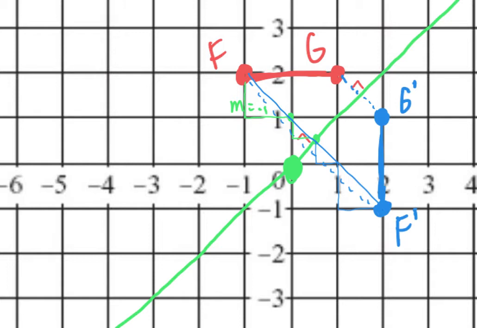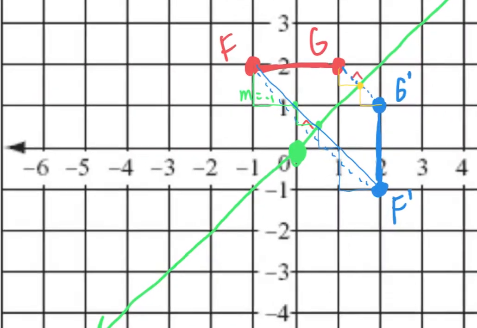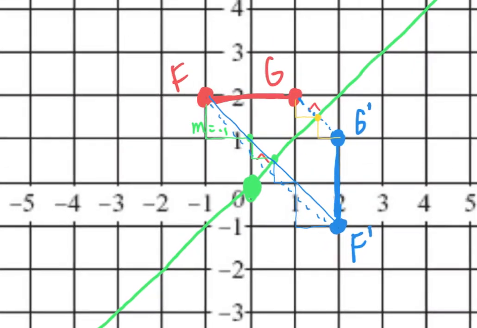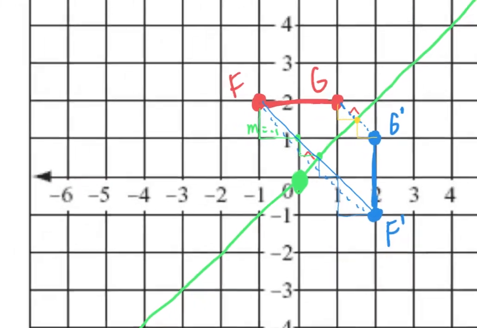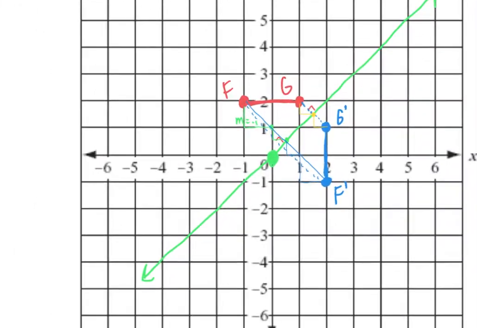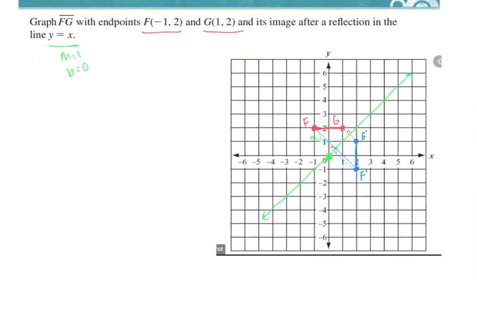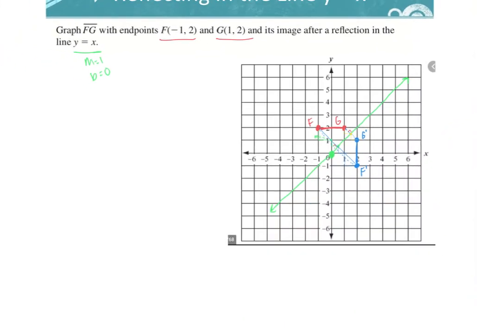G's a little bit easier. For G, we go down 1/2, over 1/2, and then same thing, down 1/2, over 1/2. So our movements are the same on each side of the line of symmetry, okay? And remember, our line segments GG prime and FF prime have as their perpendicular bisector that line of reflection, that green line that we see right here, which is the line y equals x.